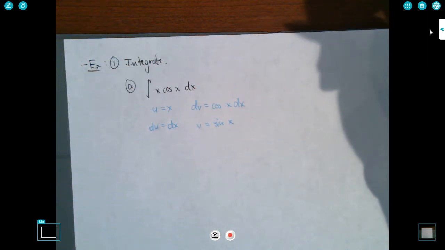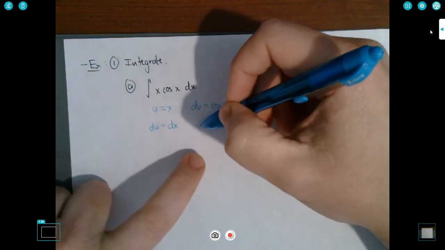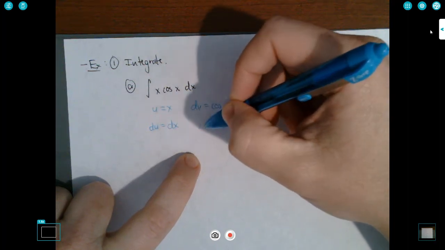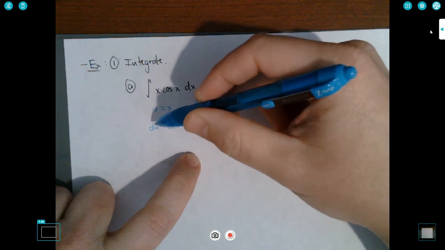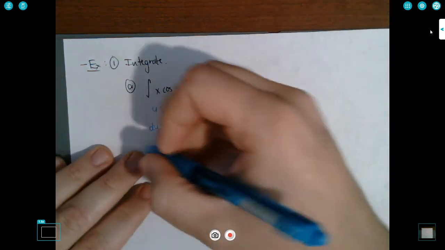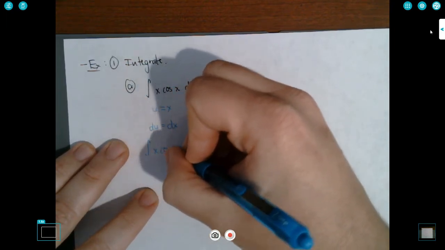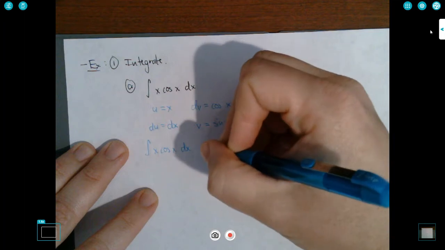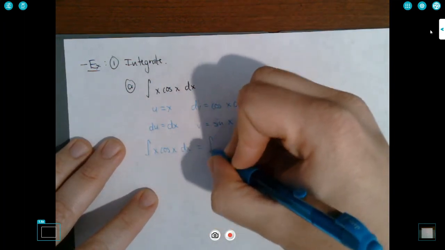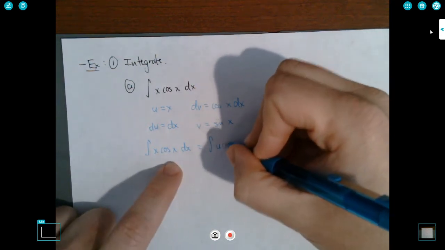And now what does the formula say? The formula says that this integral should be u times v minus the integral of v du, right? So, the integral of x cosine x dx. In other words, this is just the integral of u, and then cosine x dx was dv.